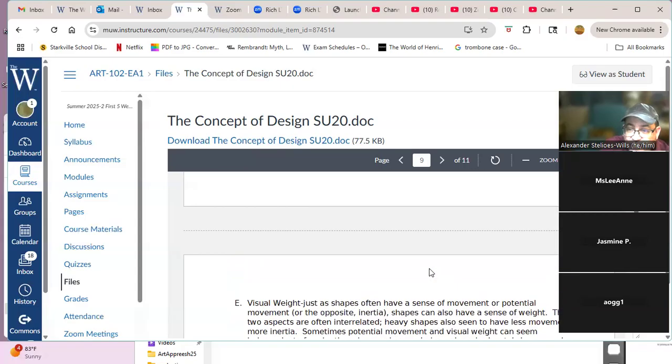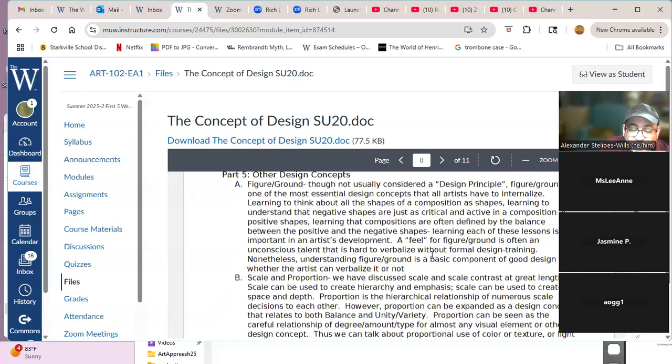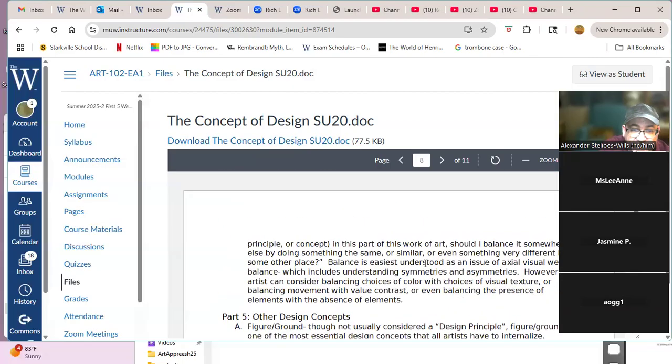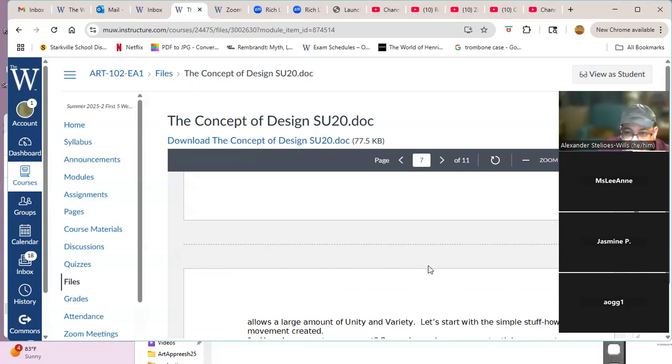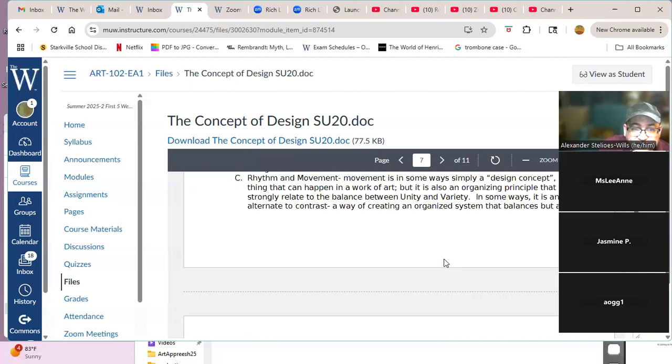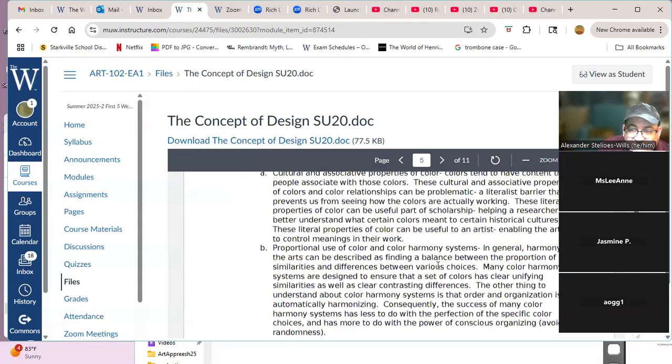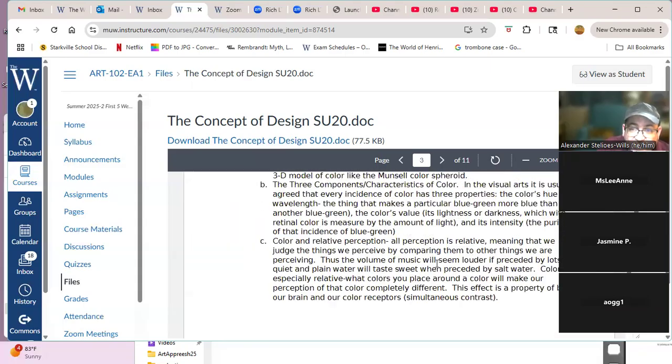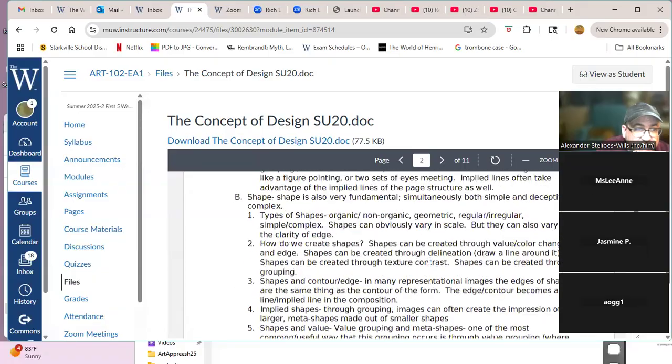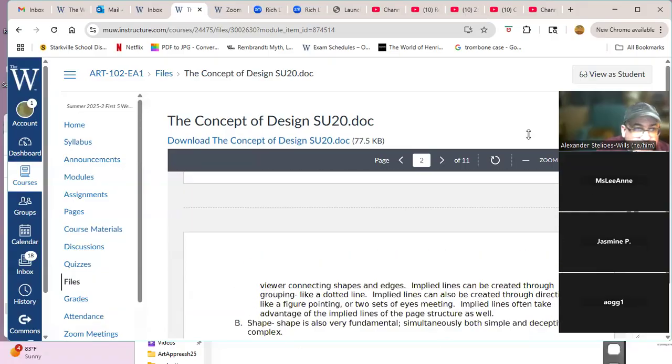But if you were looking at the two images and you thought to yourself, maybe I should compare these in terms of value, they seem pretty different to me in terms of value, then you could look up the section on value and read that and make sure that you're understanding how to think about value like an artist would. Okay. All right. So there is that document.